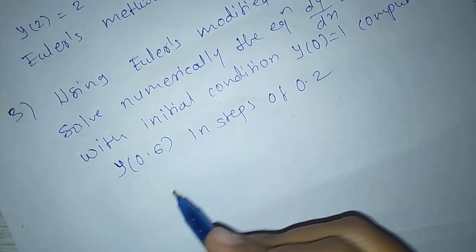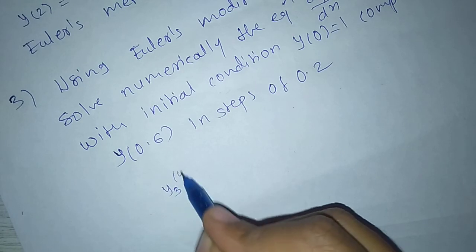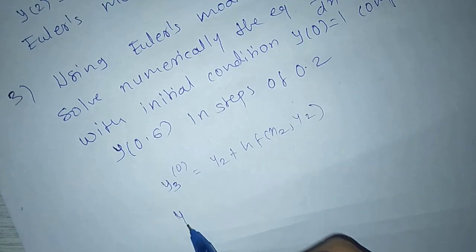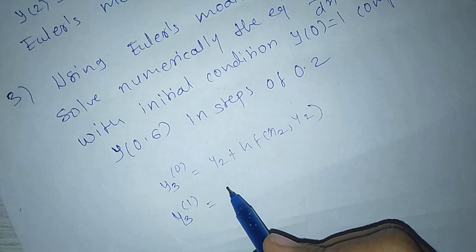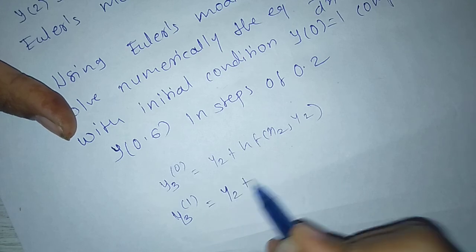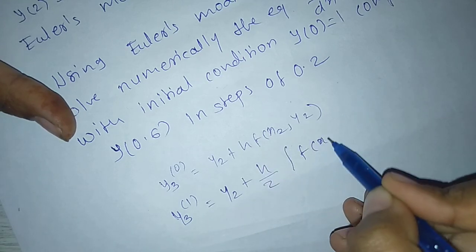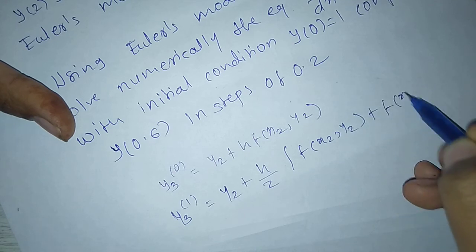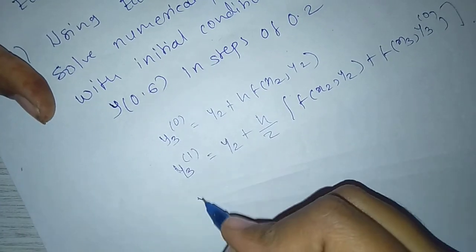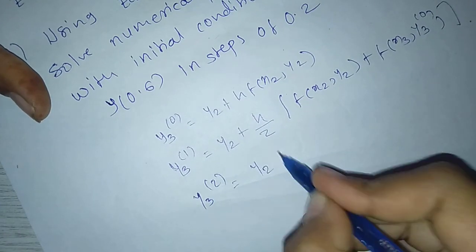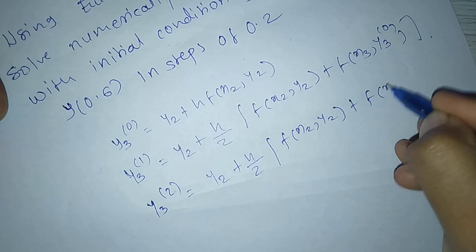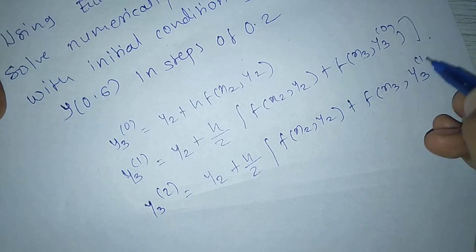For y3, the zeroth approximation is y3 raised to 0 equal to y2 plus h f of x2, y2, and the first approximation of y3 is y3 raised to 1 equal to y2 plus h upon 2 times f of x2, y2 plus f of x3, y3 raised to 0. For the second approximation, y3 raised to 2 equal to y2 plus h upon 2 times f of x2, y2 plus f of x3, y3 raised to 1.